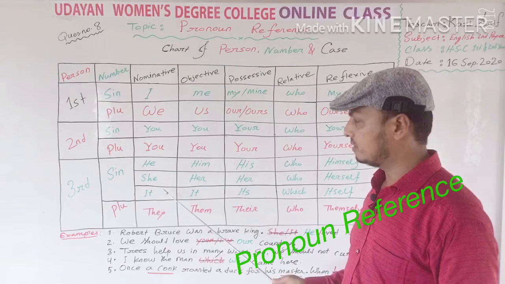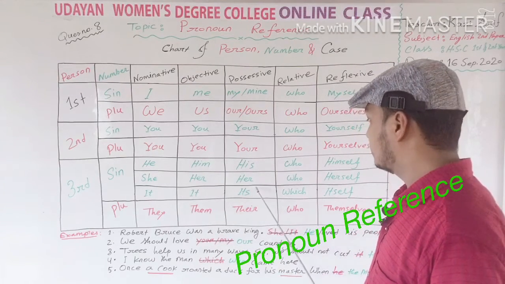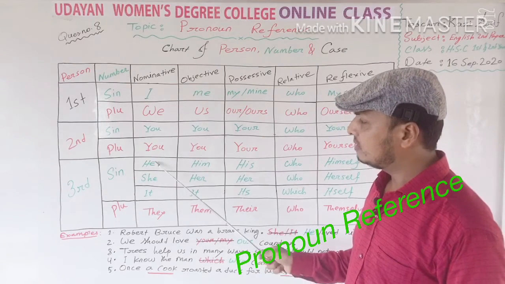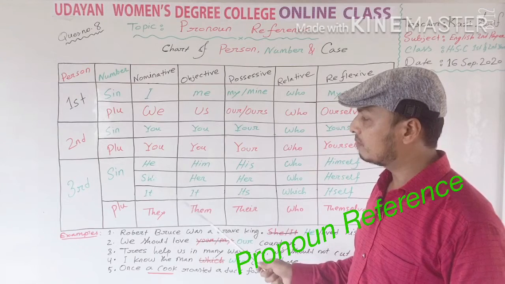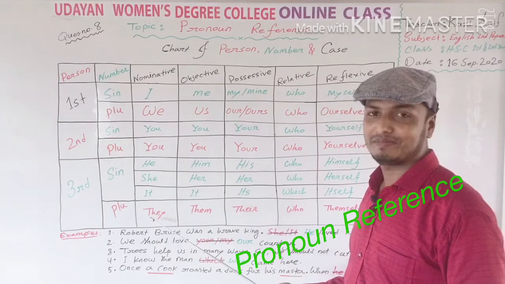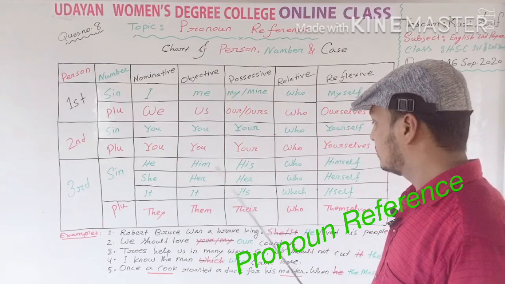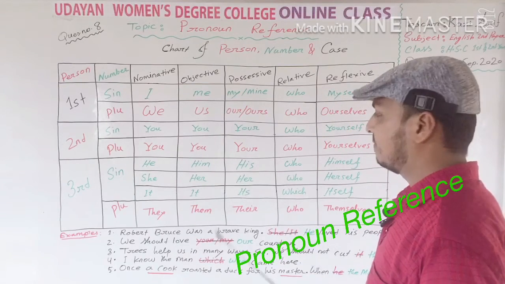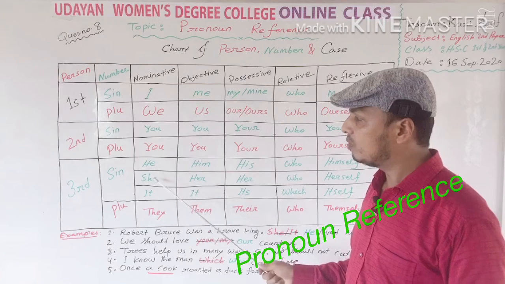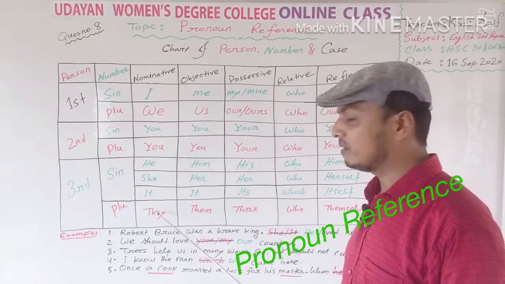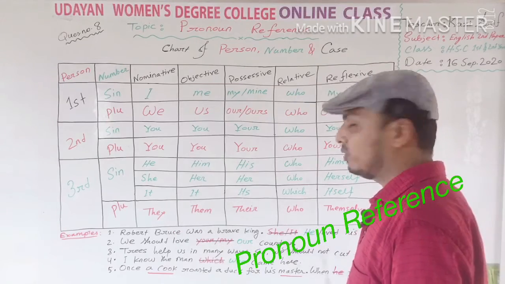It indicates neuter gender, subjective, objective, possessive, relative and reflexive. These are singular, and the plural form of these words is they. If the noun is plural, you should not follow the gender. You should use the pronoun they, them, their, who, themselves.